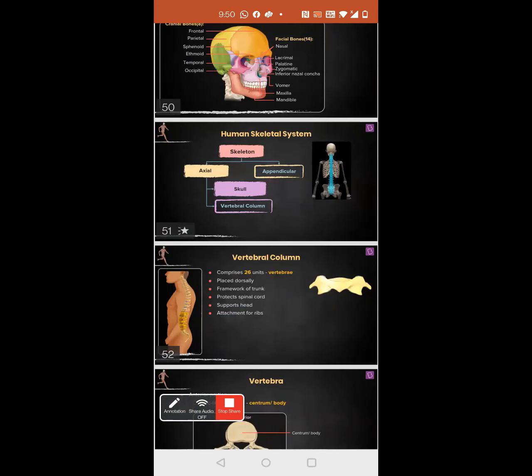So the vertebral column is basically small disc-like structures placed above one another. The major function of the vertebral column is to protect your spinal cord. The notochord gives rise to the vertebral column. Notochord is not vestigial.